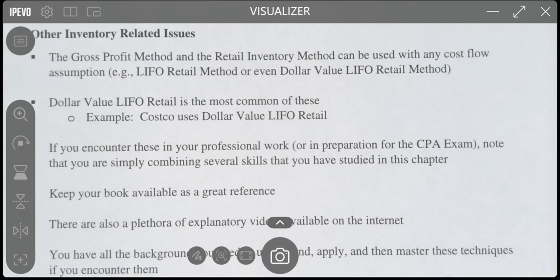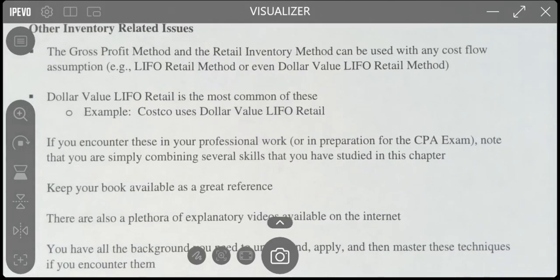If you encounter these in your professional work or in preparation for the CPA exam, note that you are simply combining several skills that you've studied in this chapter. To that end, keep your book available as a great reference. There are also a plethora of explanatory videos available on the internet.